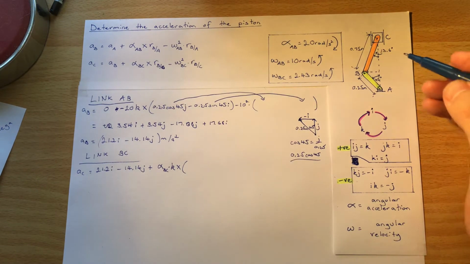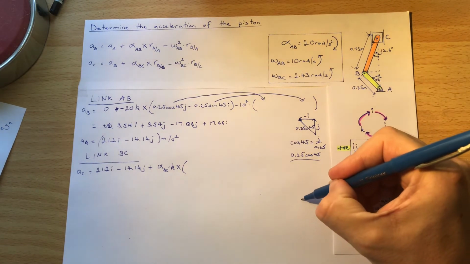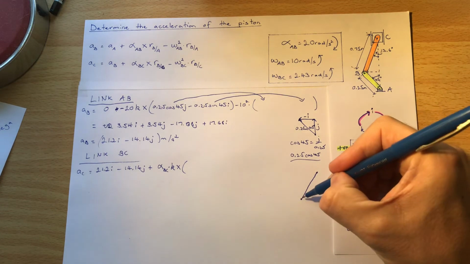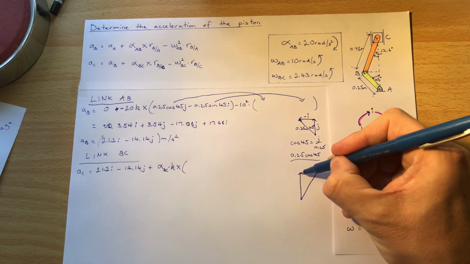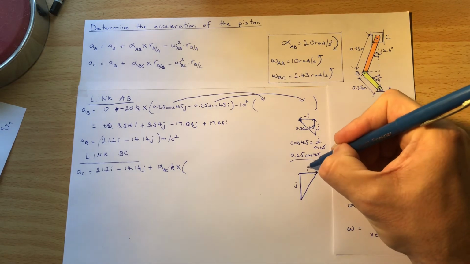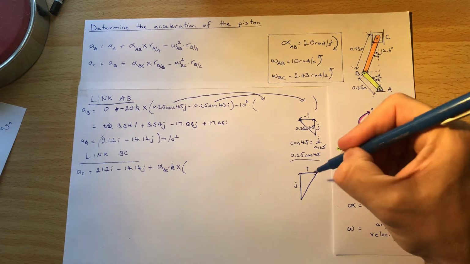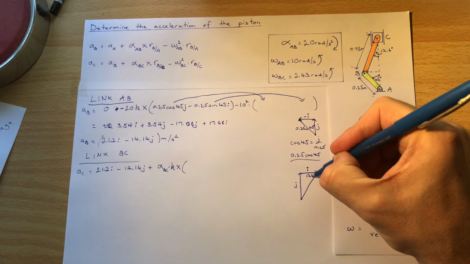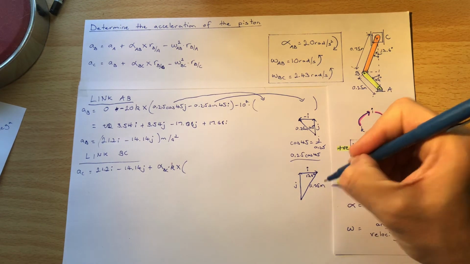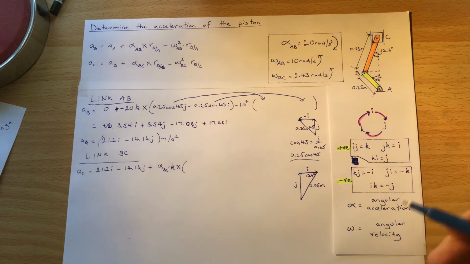And again, this is pretty simple trig. So we have our link BC, we have our j component, which is positive, and our i component, which is also positive this time. So we have 13.6 degrees up at that point there, and we know this length is 0.75 from the question.